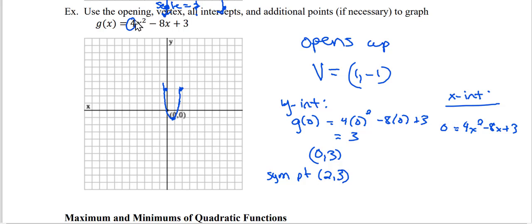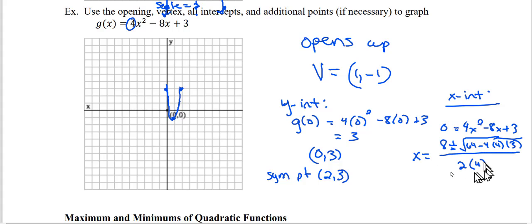I'm going to use the quadratic formula here. I think that's the easiest way, because I know those aren't going to be integers. They're not going to be nice, pretty numbers because they have to be between 0 and 1 there, and between 1 and 2. So we'll do opposite of b, plus or minus the square root of b squared, which will be 64, minus 4ac, all over 2a.